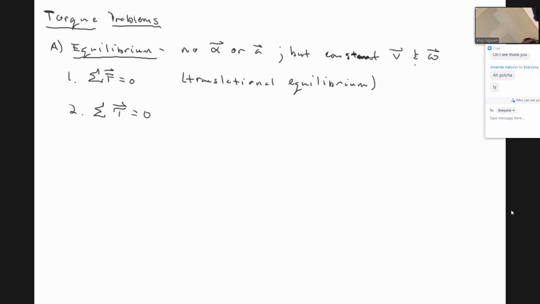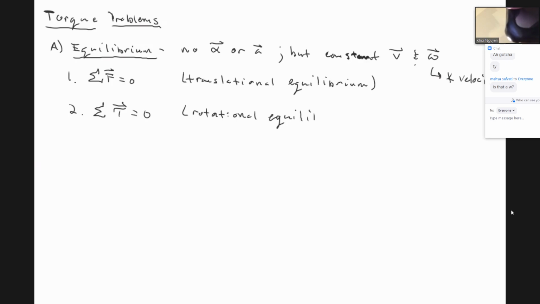When the summation of torques is equal to 0, it's omega. It's not W. Omega is the symbol, or variable, for angular velocity. Summation of torques being equal to 0, we're in what we call rotational equilibrium. Okay.